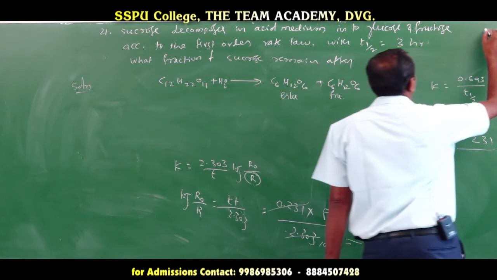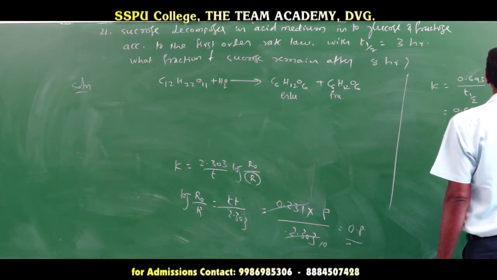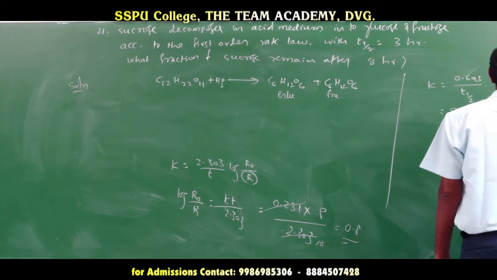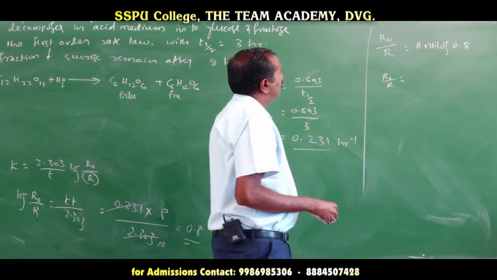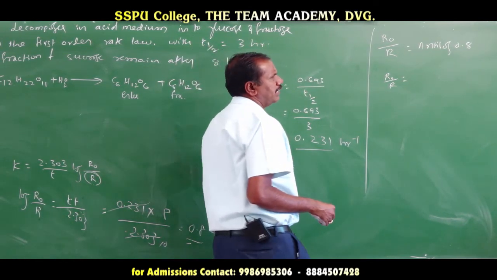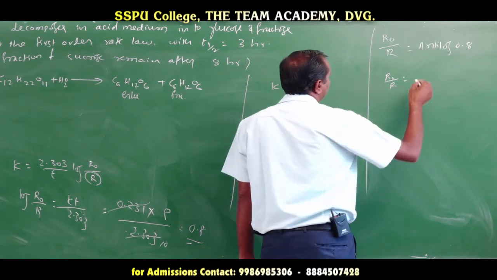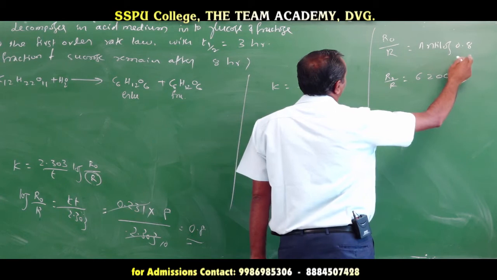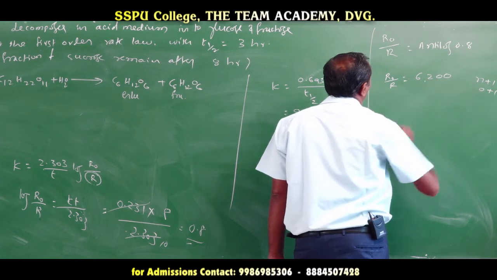Log R0 by R is 0.8, so R naught by R equals the anti-log of 0.8. The anti-log of 0.8 is nearly 6200. The characteristic 0 follows the n plus 1 rule, 0 plus 1, so after one digit you put the decimal point.